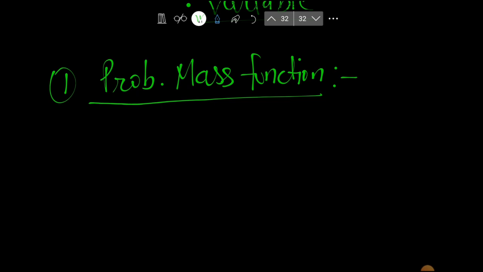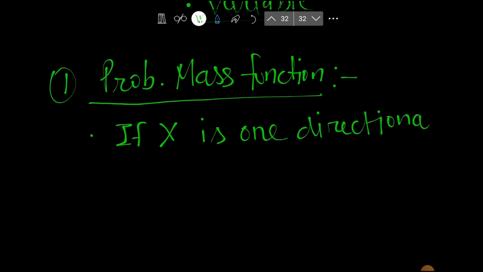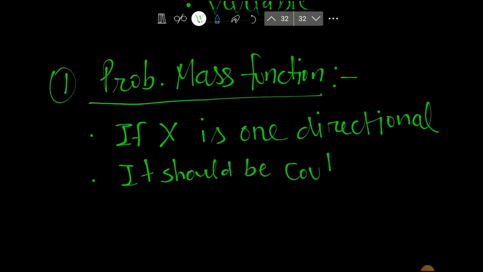So basically, there are some terms you can understand. The first point is that the variable x is one directional. The second term is that it should be a countably infinite number.